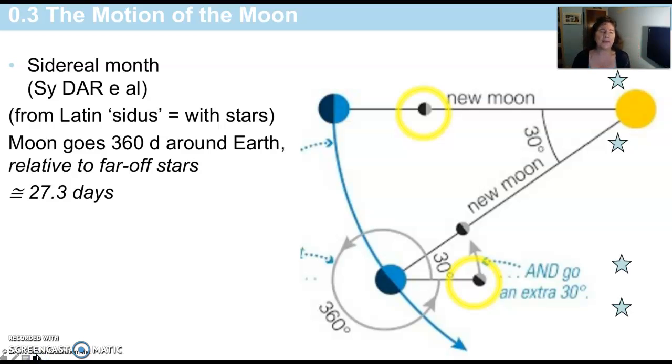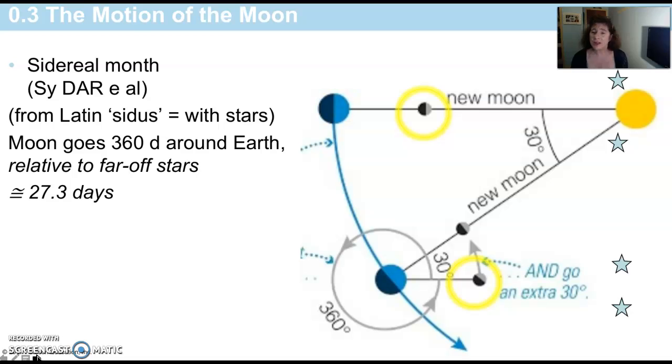we talked about the fact that there were lunar calendars, and our calendar now, the Gregorian calendar, is a subset of a lunar calendar. And the lunar calendar can be very accurate. I want to explain to you that there are two ways of measuring time on a lunar calendar.